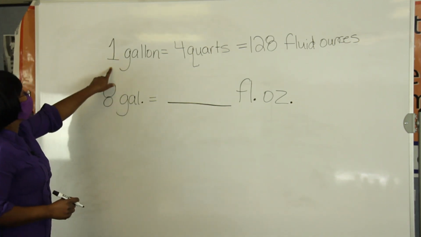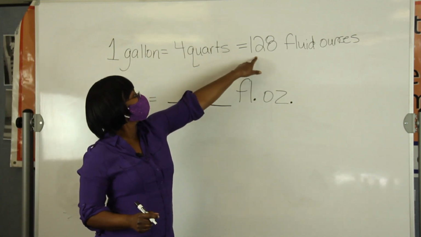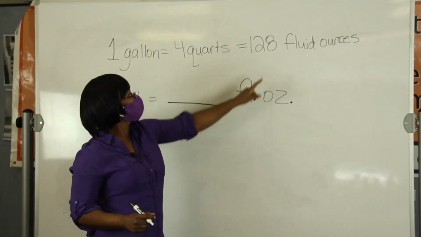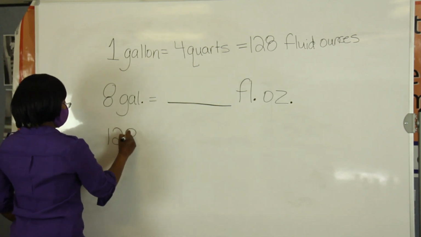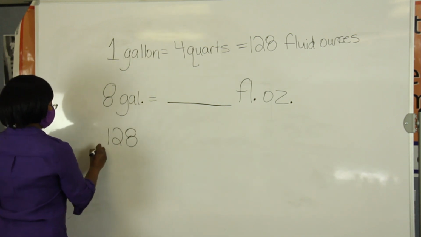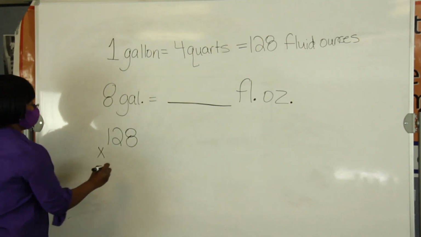Fluid ounces is abbreviated as fl oz. So if you have 1 gallon and it equals 128 fluid ounces, we're going to take that 128 fluid ounces and multiply it by 8.